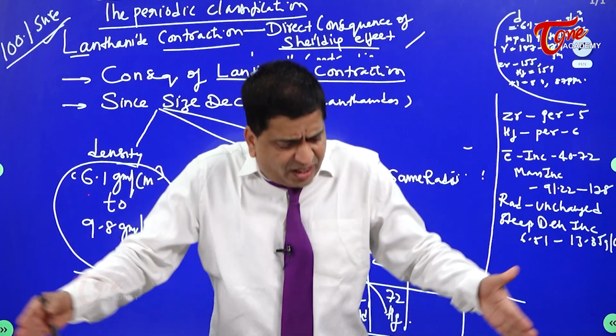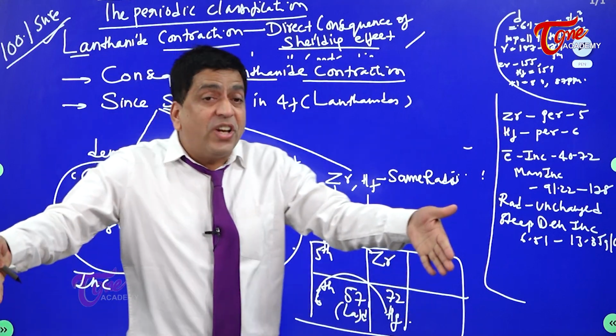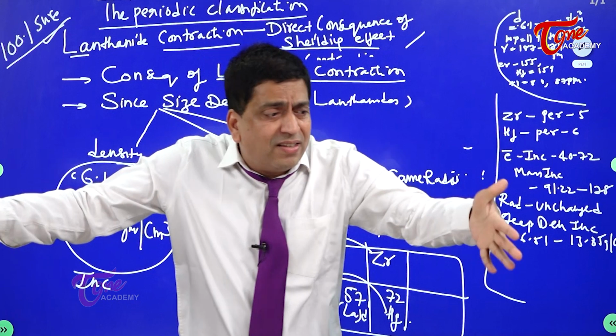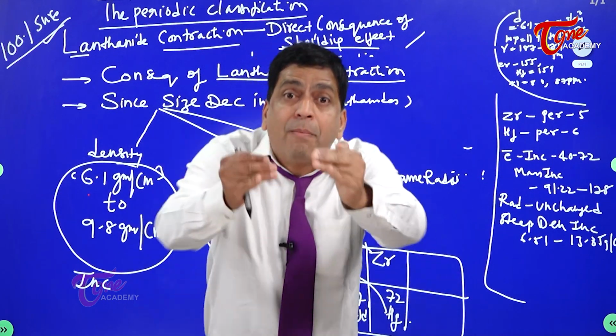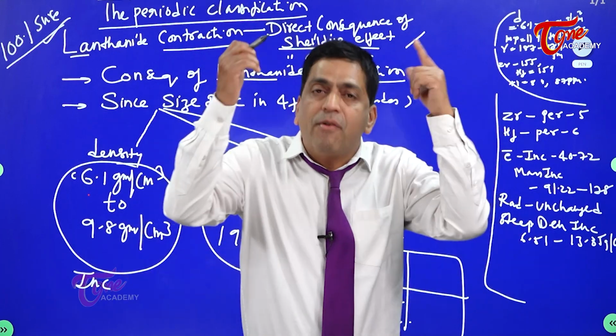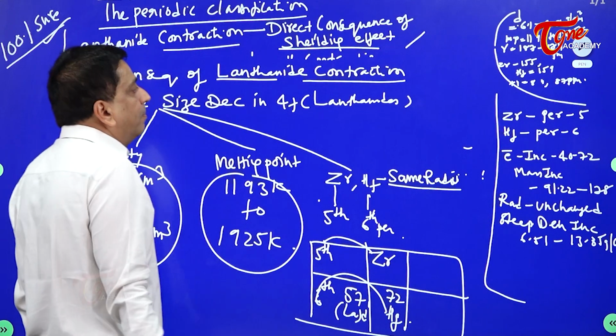There the size decreased, and then climbed up. So from 58 to 71 you find lanthanide contraction. The size considerably decreased, then you climbed up as hafnium, so the size increase is not reflecting. Remember that zirconium and hafnium have same radii.